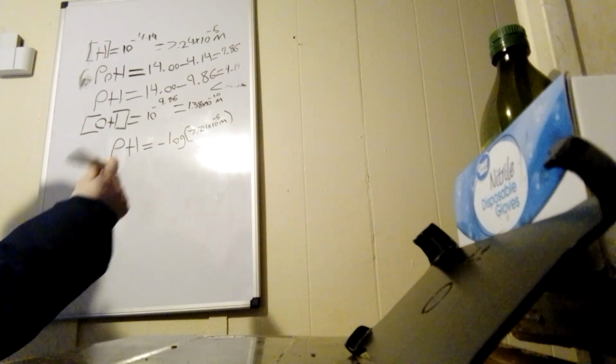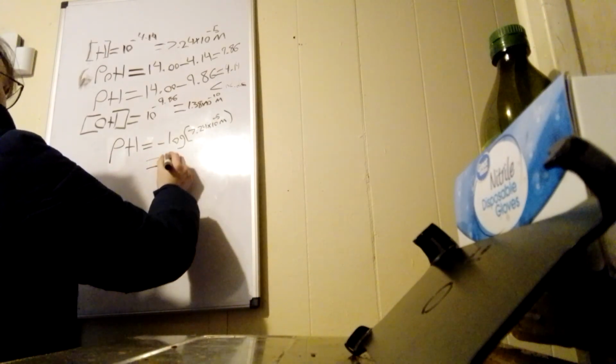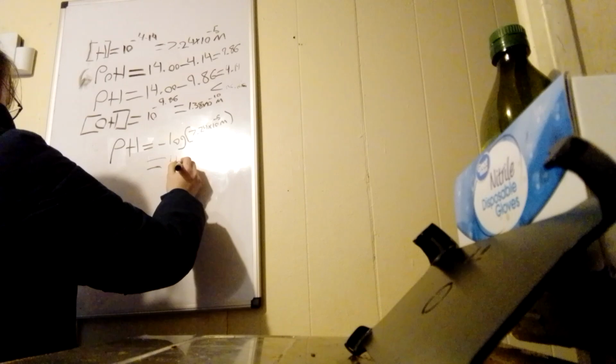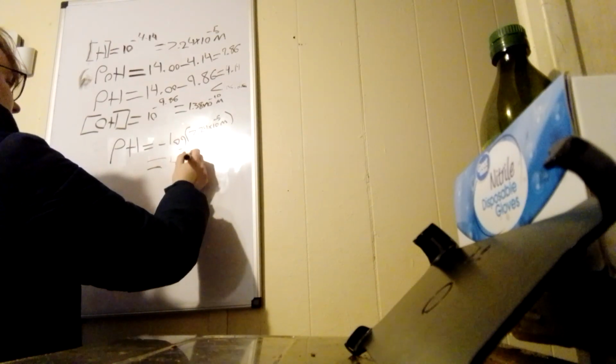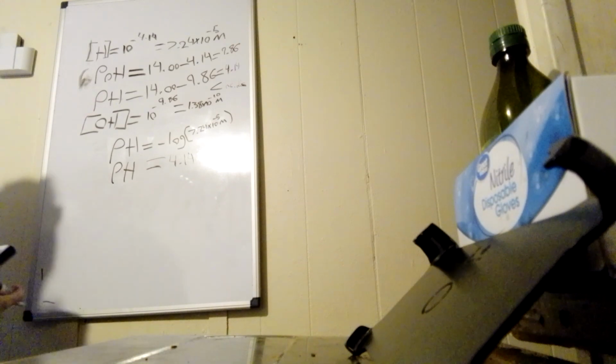Will give you your exact same number as if you were given it to start out with, which is our 4.14 for our pH. And you can solve it the same way if you're given the OH starting out and you're trying to find your concentration of your pOH.